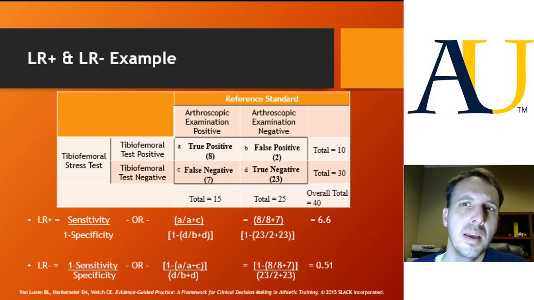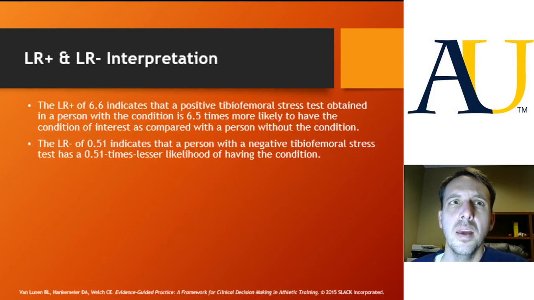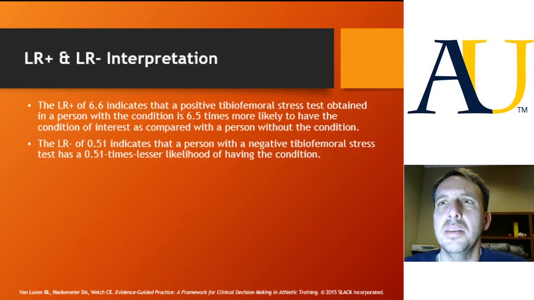Now we can see a positive likelihood ratio of 6.6 and a negative likelihood ratio of 0.51. What this means is that because this individual has a positive test, they are about 6.5 times more likely to have the condition than a person without that test.